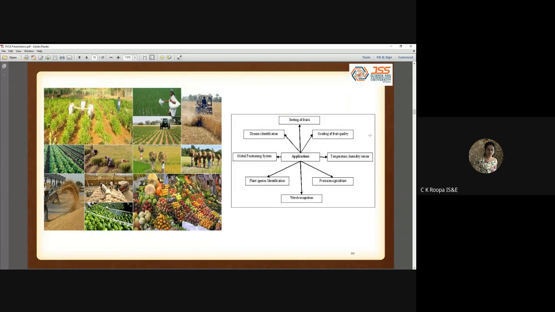So for weed recognition, you can make use of computer vision techniques. And plant species identification plays a very, very interesting role, especially if you are dealing with Ayurvedic plants in the forest region, right? So you're supposed to identify the Ayurvedic plant which helps in the preparation of Ayurvedic medicine, right?